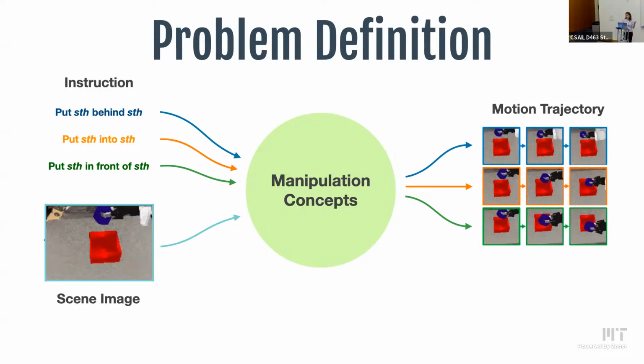This multitask policy can be seen as a mental representation of verbs in a sentence. What we wanted to achieve is that, given an initial scene image here on the left, and given various instructions, such as put something behind something or put something into something, our robot generates the motion trajectories that actually accomplish these instructions.